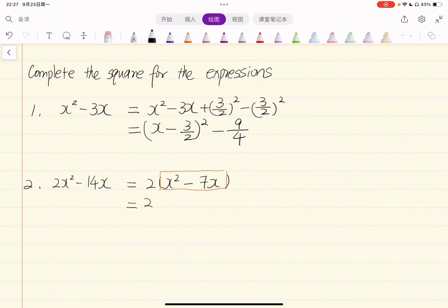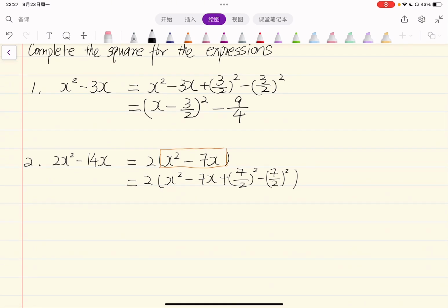We just leave the 2 outside the bracket. So we have 2 times x squared minus 7x plus 7 over 2 squared, and we need to cancel it, minus 7 over 2 squared, in the bracket. And in the bracket, we have x minus 7 over 2 squared minus 49 over 4.